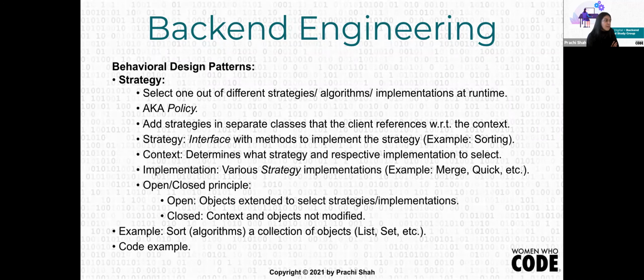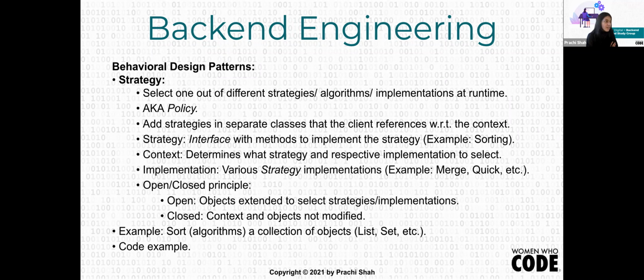The way we implement a strategy is we use an interface with methods to implement what the different strategies look like. For example, sorting. You can sort with merge sort, selection sort, or quick sort. You want to do sorting, but at runtime I can determine what kind of sorting I want to do for this particular collection of data.